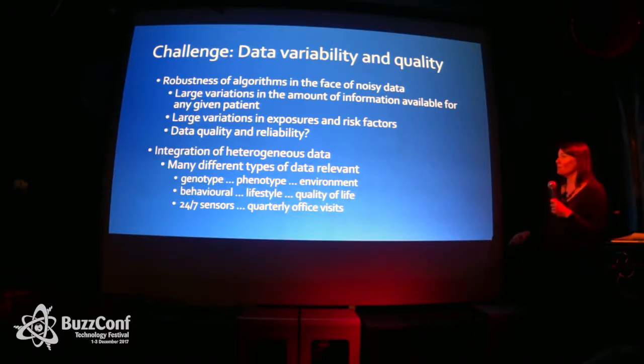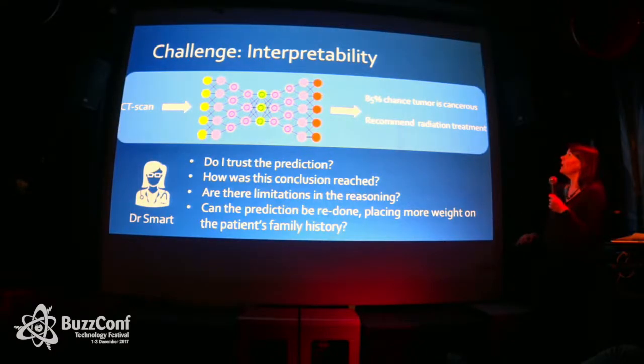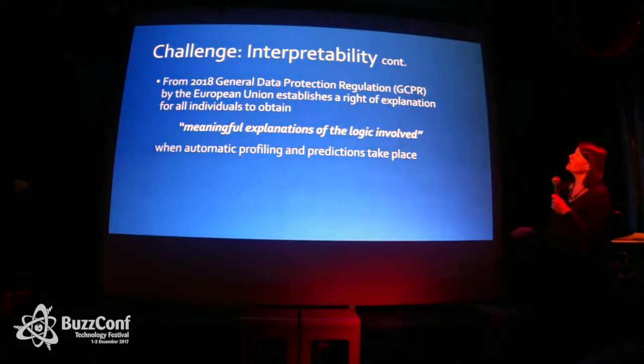So there are still some open questions in terms of applying machine learning in this context, also because there's a lot of variation in how much data we have about any individual patient, and so how do you match patients if you have different amounts of information about them? Interpretability is a really big issue, and we need to consider that in this context.